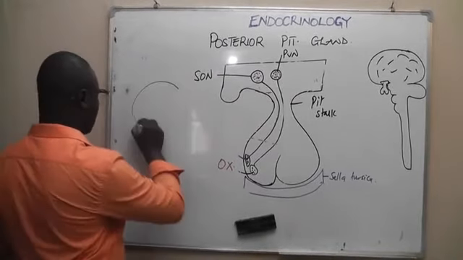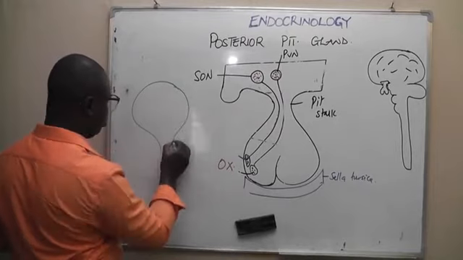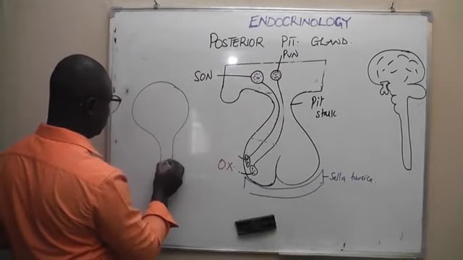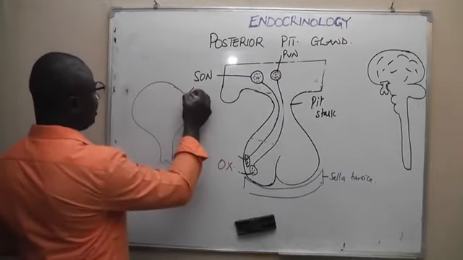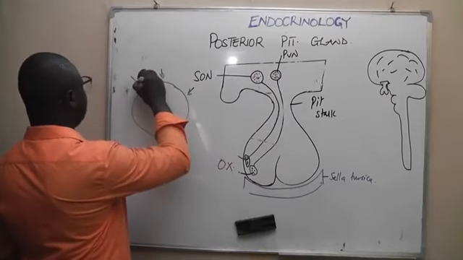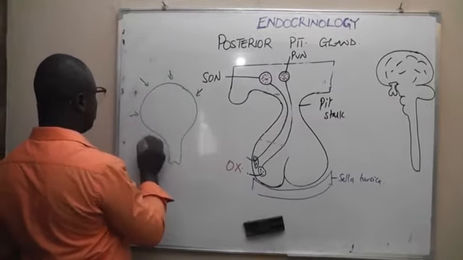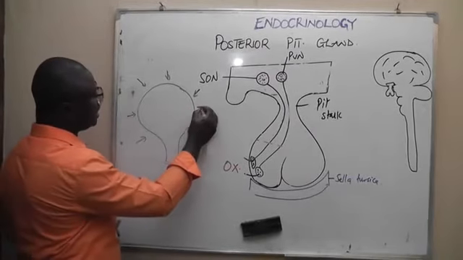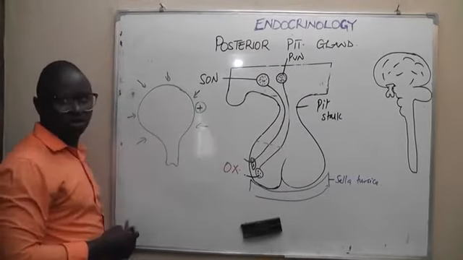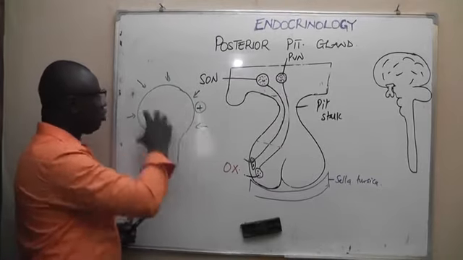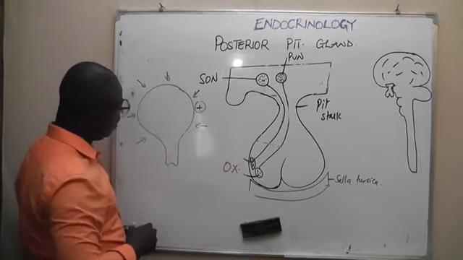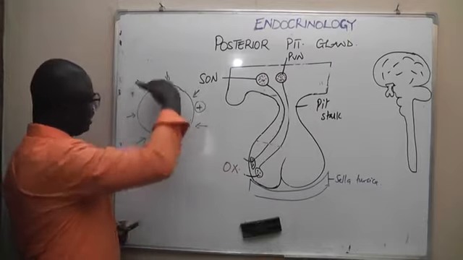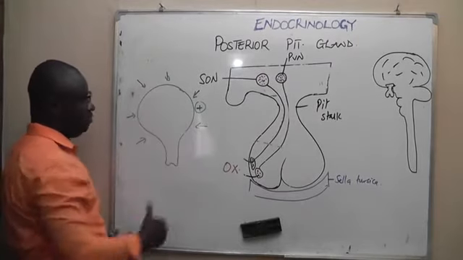Let's have our little uterus. When this is released, oxytocin will cause increased uterine contraction. Do you understand? So there will be contraction of the smooth muscle within the uterus, thereby forcing the baby out.